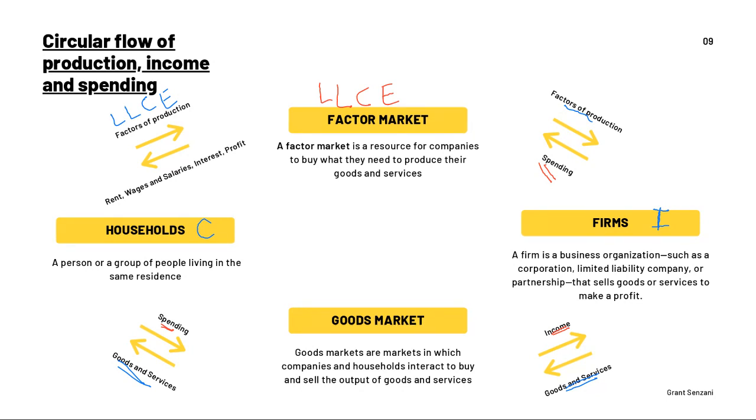That money then goes to rent, wages and salaries, interest, and profit, depending on what factor of production it has been produced for. So you have your spending, which goes this way, whereas your income goes the other way.